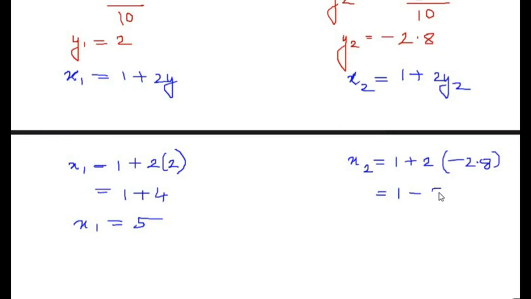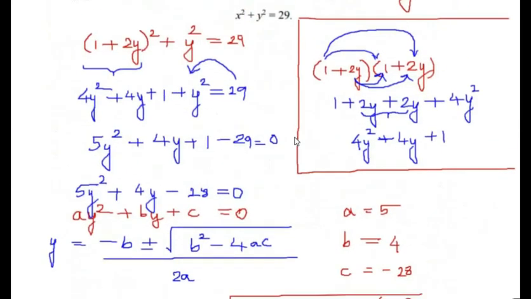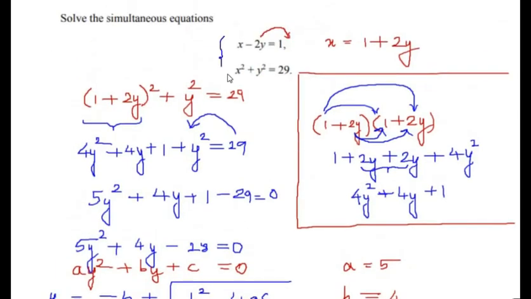This gives you 5.6, so finally we have the answer as minus 4.6. So we have the values for the first one as 5 and 2, and for the second one we have the values negative 4.6 and negative 2.8. So these are the values of x and y for the given expressions.